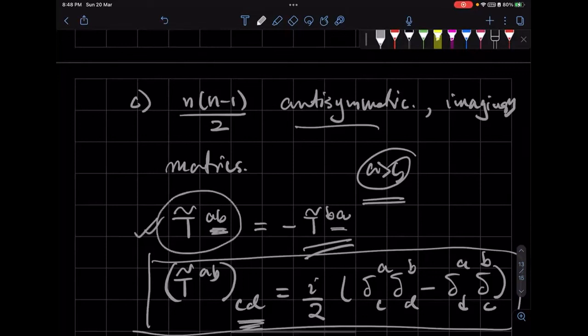Because then you can see that this guy is not linearly independent of TAB. So it gives me exactly the same number of generators. And because of this antisymmetry, the T tilde AA in general are zeros. Okay, so that's just one minor point I wanted to clear up. Any questions?